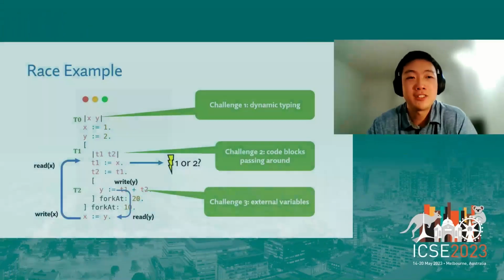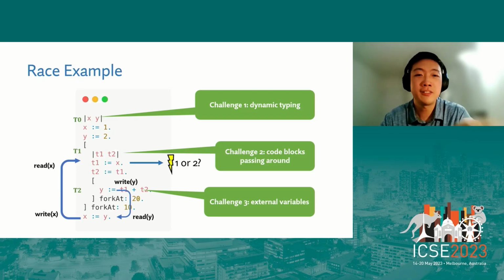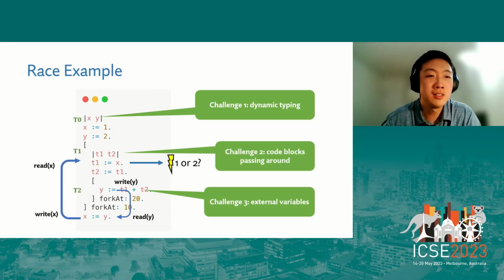Yeah, so this brings us to our three challenges. If you look at the code example, I'm going to go back to the previous slides. First of all, it's dynamically typed, so the variables are defined without type annotation. For example, in this case, X can be an object and it can be of different types. And this variable can be passed around different threads. For example, in thread 1, T1, there's an assignment; I can use a highlight pointer here.